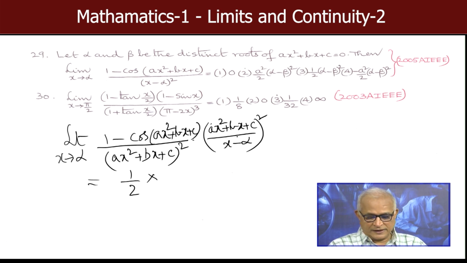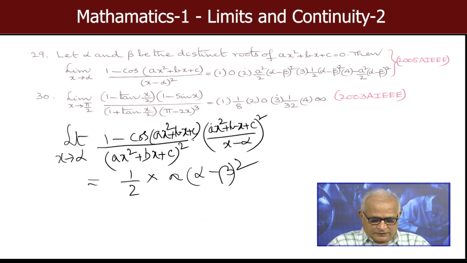So the numerator is a times (x minus alpha) into (x minus beta) by (x minus alpha), which is a times (x minus beta). As x tends to alpha, a times (alpha minus beta). So the answer is a square by 2 into (alpha minus beta) whole square.